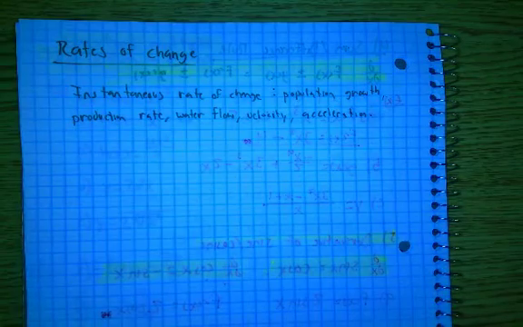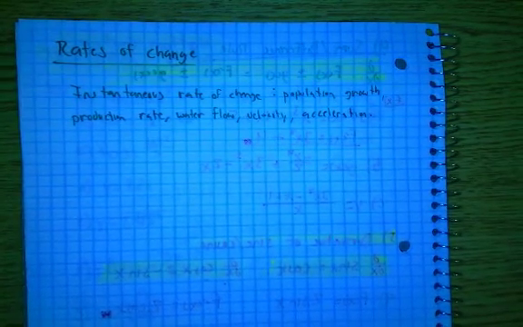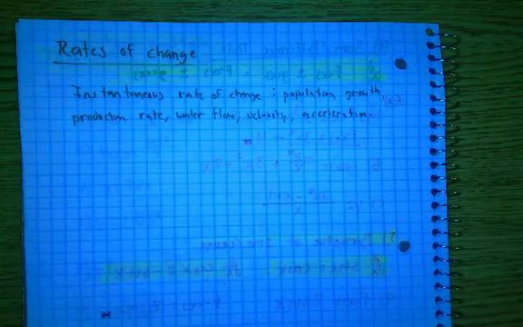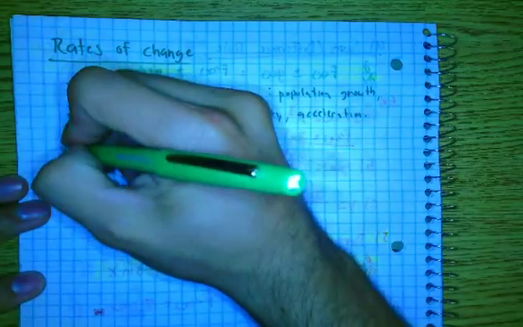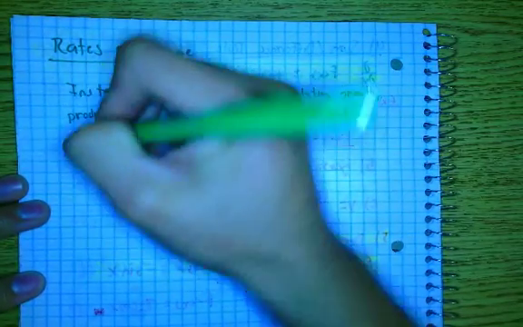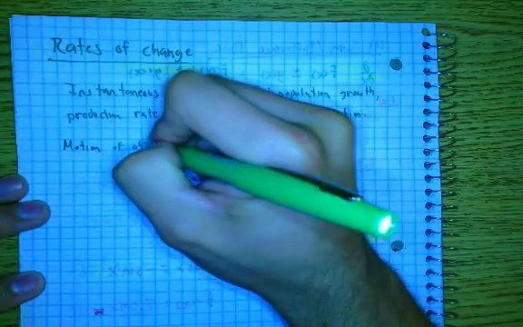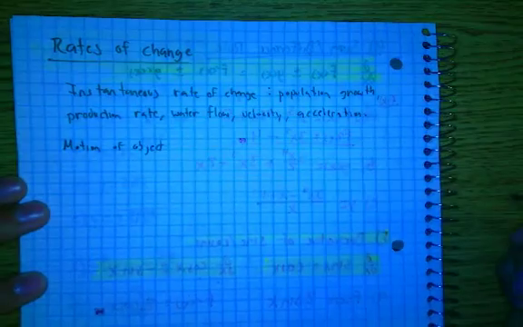Okay? Alright, so we're going to start with something basic, which is motion. We're going to talk about motion of an object in a straight line.